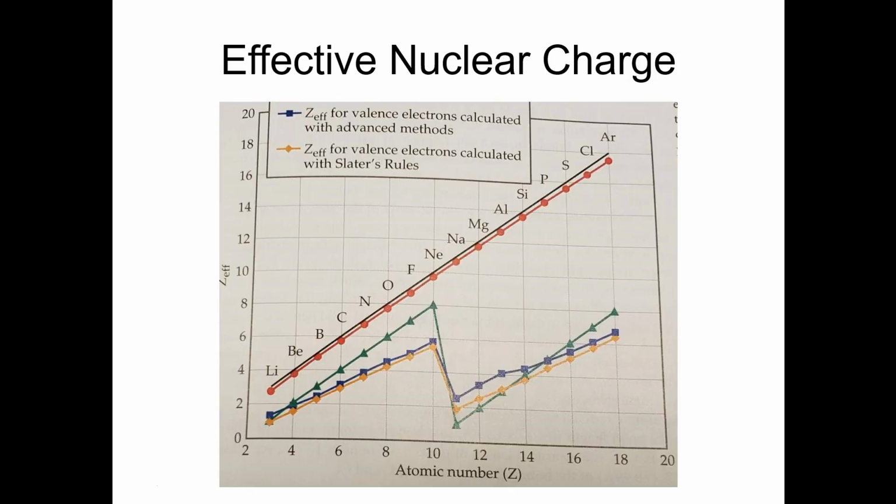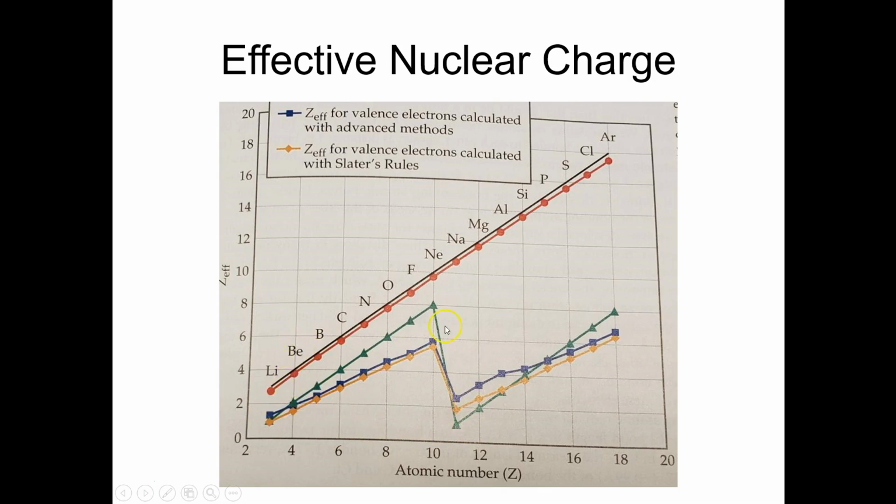Here's a diagram from your textbook in which this green curve represents using that exact rule, and that is that core electrons will screen a valence electron by exactly 1 proton per electron. And what you get is that everything in group 1, whether it's lithium or sodium, experiences an effective nuclear charge of 1.